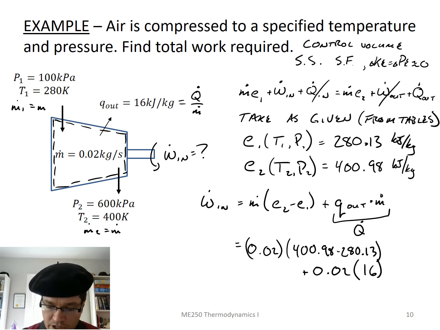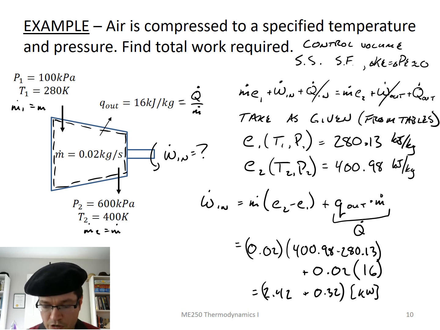And if you run those numbers, you'll get 2.42 plus 0.32 kilowatts as the two contributions. And our final answer, therefore, is it takes 2.74 kilowatts of work input to compress this fluid.